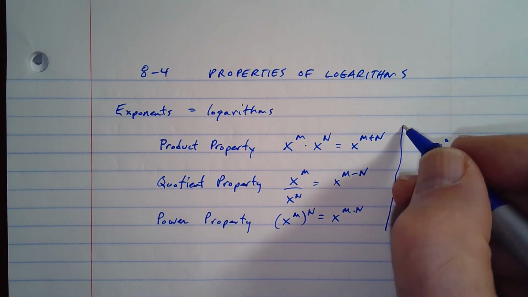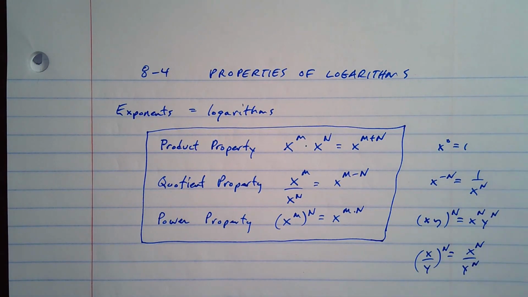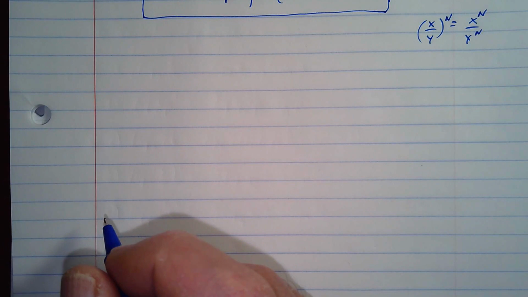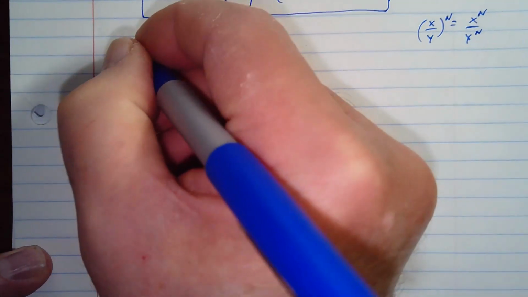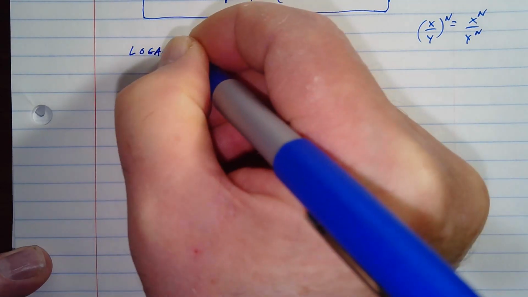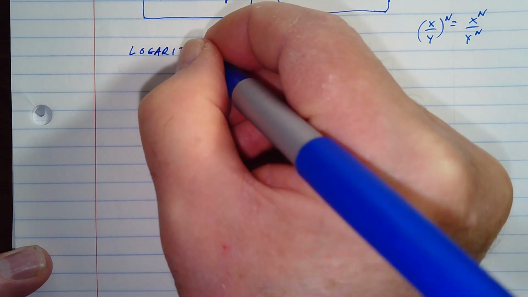But these first three are the ones that we're going to focus on today. All right, so that being said, here are the logarithmic properties that go with those exponential properties. This is the new stuff for today, relating to these exponent properties.